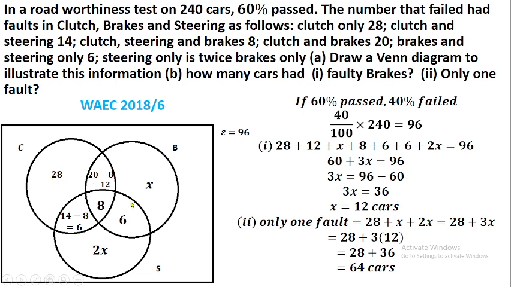So we have 28 plus x plus 2x. If you simplify that, x plus 2x gives us 3x, so 28 plus 3x, and our x is 12. 3 times 12 will give us 36. So 36 plus 28 will give us 64 cars. So 64 cars have only one fault.